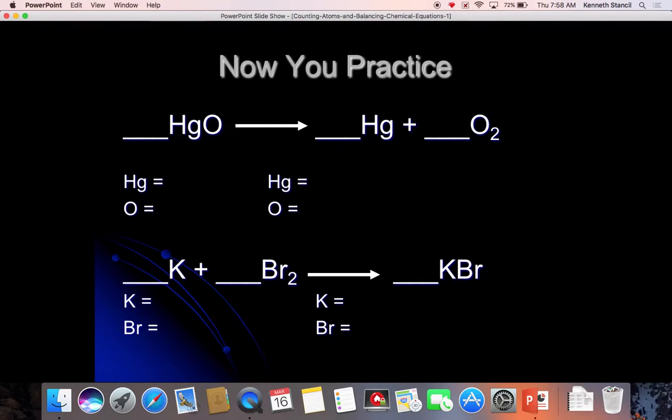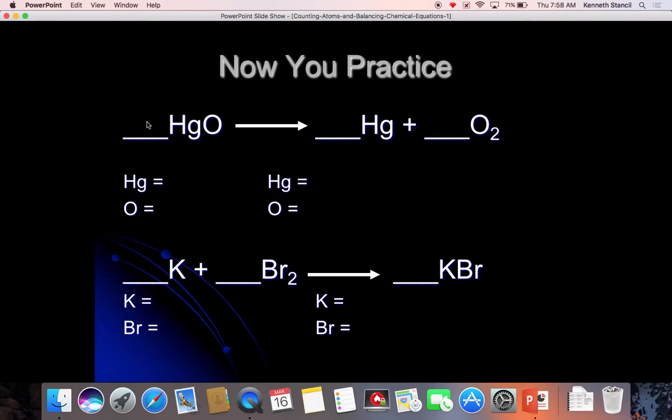Let's practice here. How many mercuries do we have? Hg. 1. How many oxygens? How many on the product side? 2. So we've got to make some changes. We've got to get 2 oxygens over here, right?